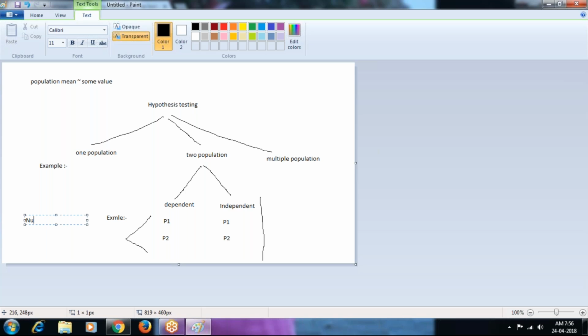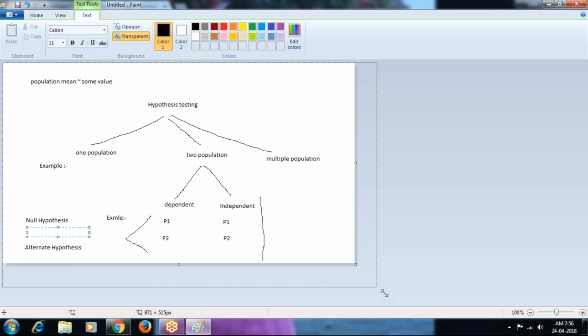Null hypothesis says mu1 equal to mu2. An alternate hypothesis says mu1 not equal to mu2.